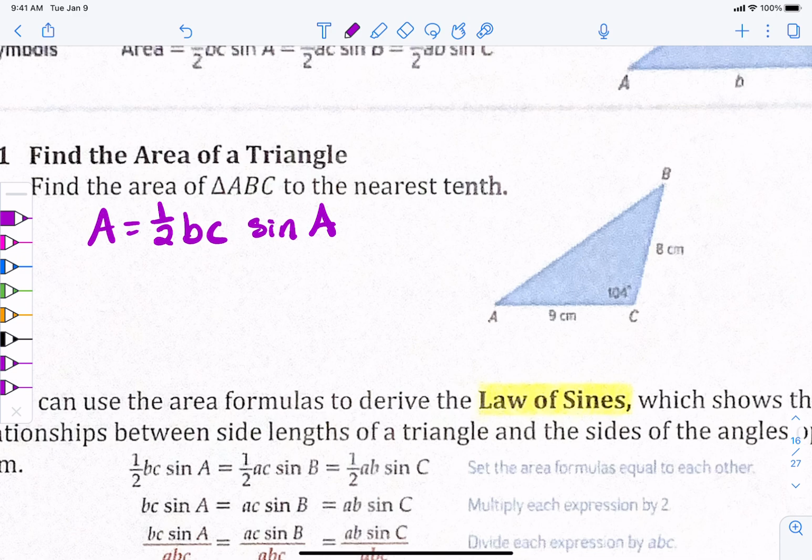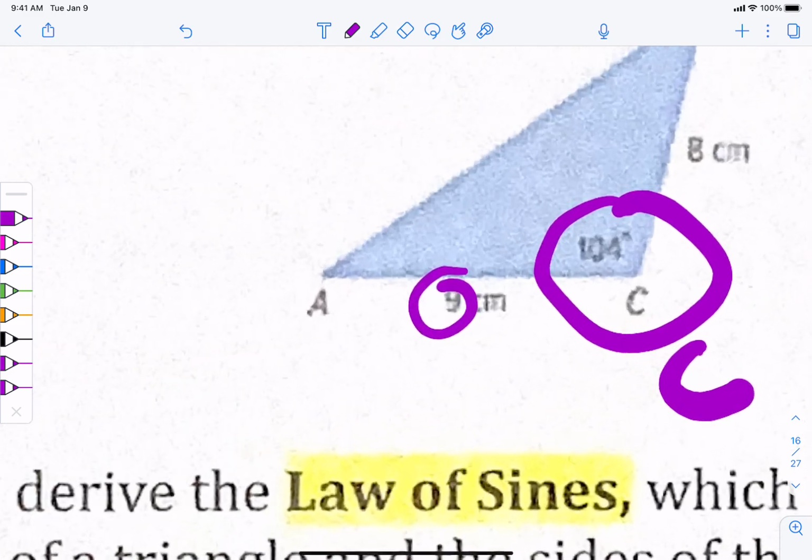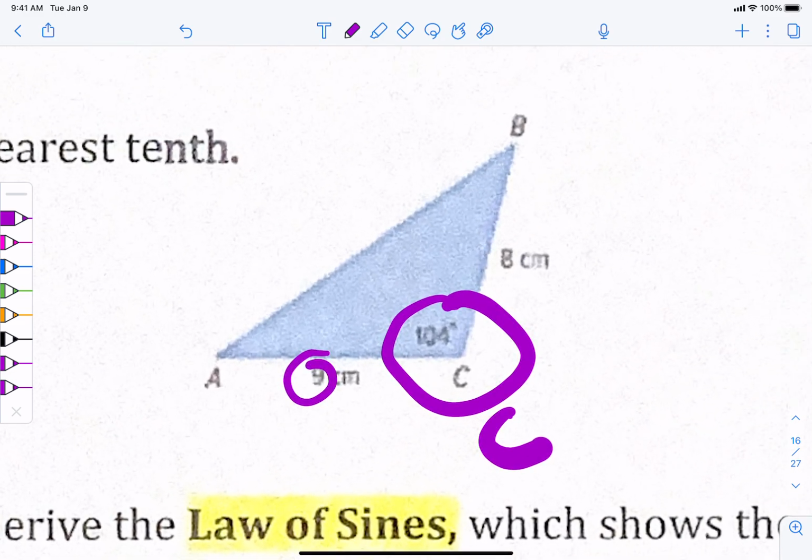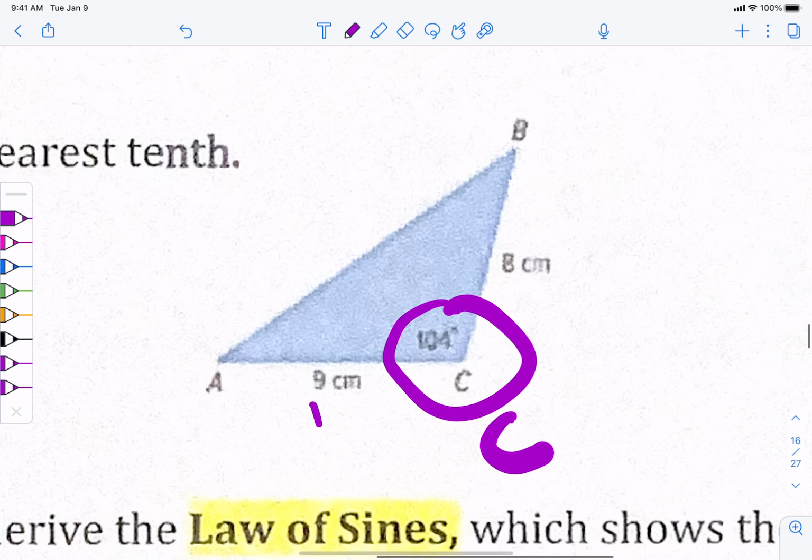So in this case, we have angle C. And what's 9? What variable do we use for a letter for 9? AC is lowercase b, right? What about 8? That's lowercase a, right?